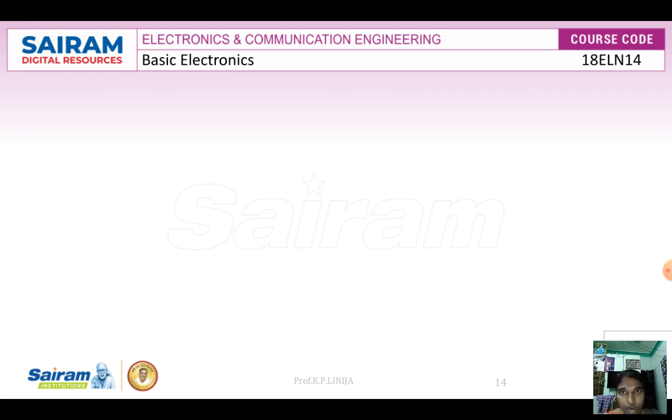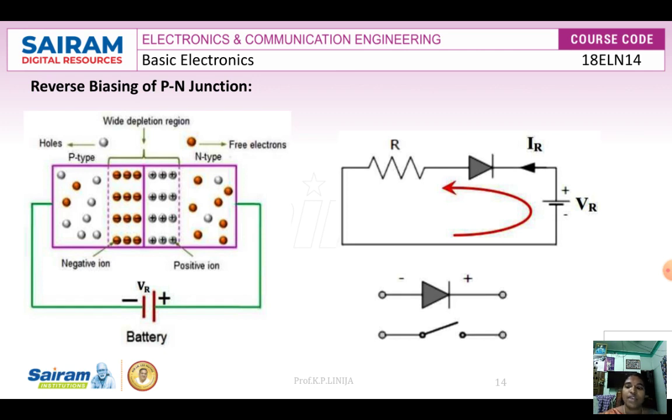Followed by this, how does the PN junction diode work as a reverse biased junction? Whenever the external battery is connected such that the positive terminal is connected to the n-type of the semiconductor and the negative terminal is connected to the p-type, we call it the PN junction diode working in reverse bias condition.